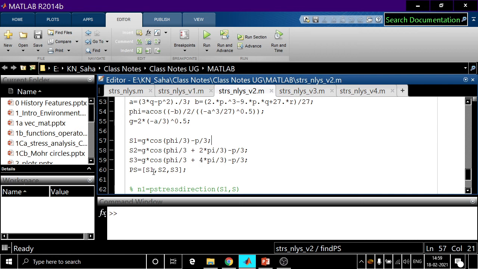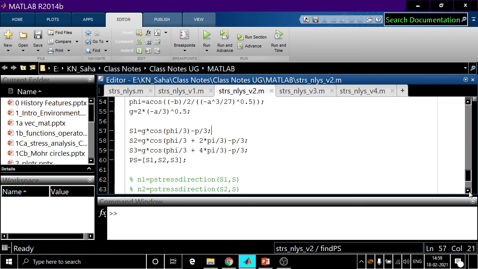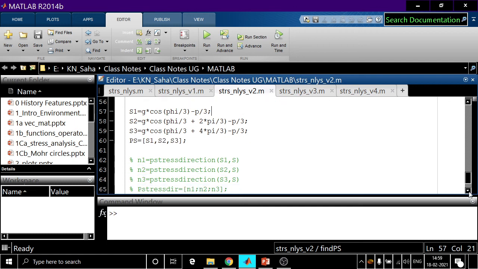These three components are clubbed together in an array. So there would be three sets of directions, one for S1, one for S2, one for S3. That is not calculated as such here, but we can calculate that also.